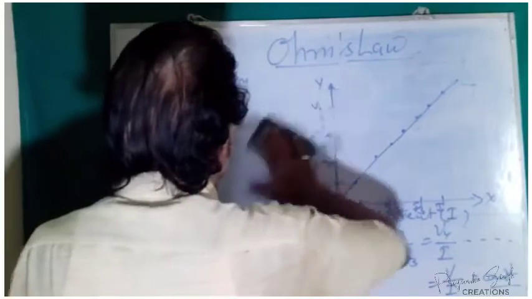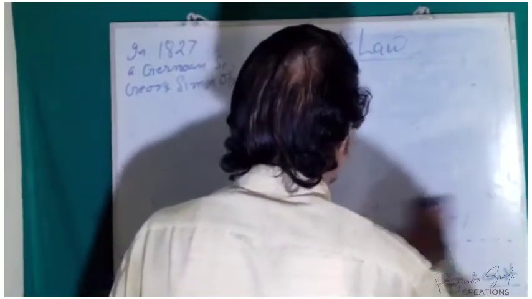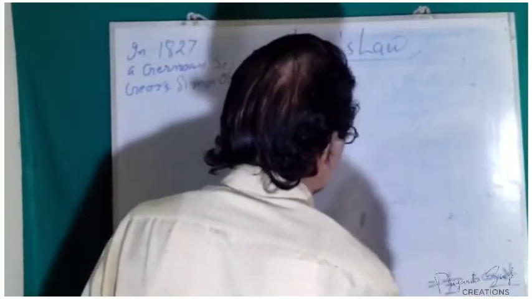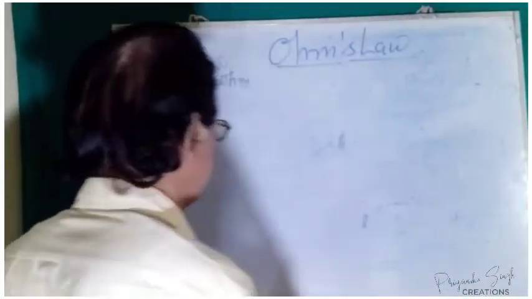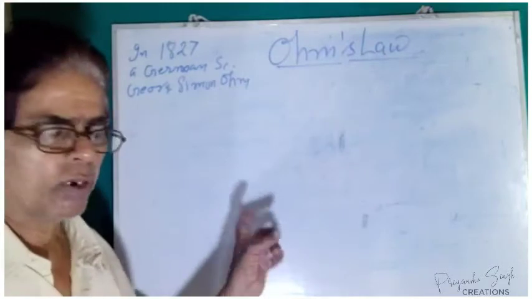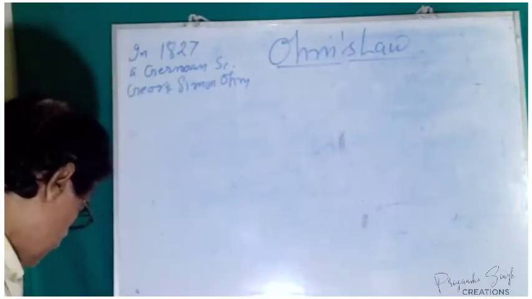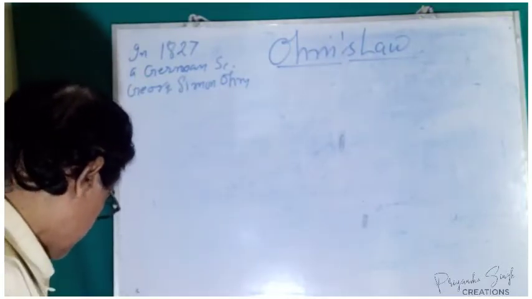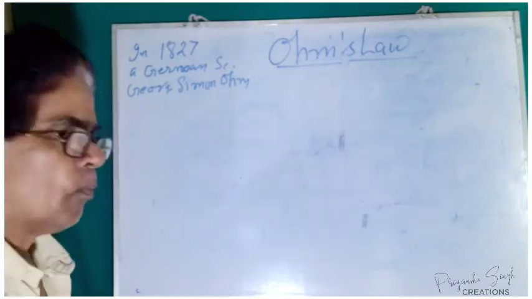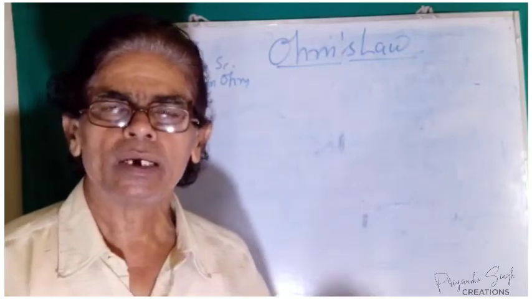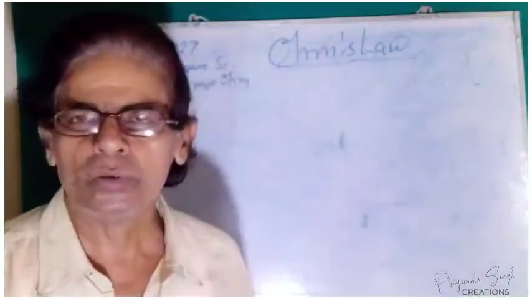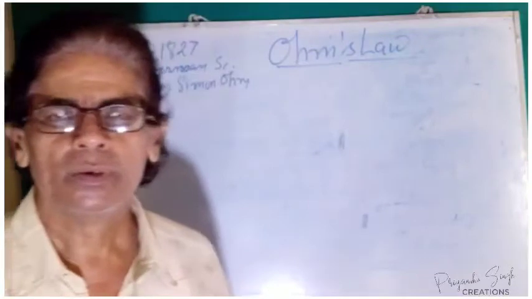Ohm proposed a law popularly known as Ohm's law, which represents the quantitative relation between current strength and the potential difference. So according to Ohm's law, what we observe here is that potential difference is directly proportional to current strength, or we may say current strength is directly proportional to potential difference.